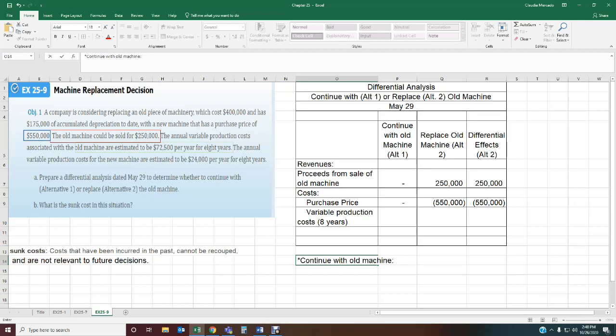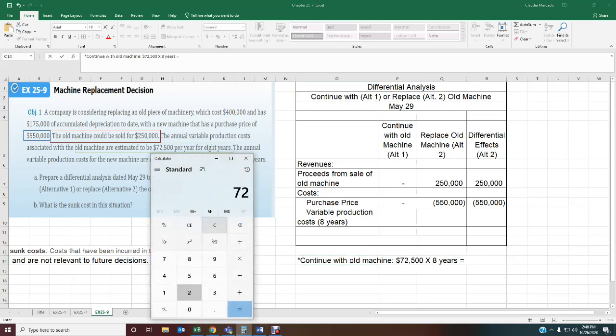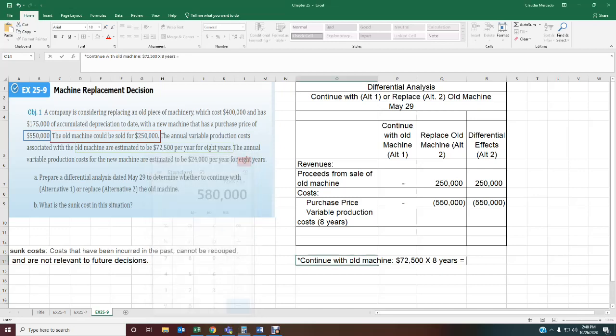You're going to spend $72,500 for the next 8 years. Okay, and let's see how much that gives us. 72,500 times 8 years. That gives me $580,000.